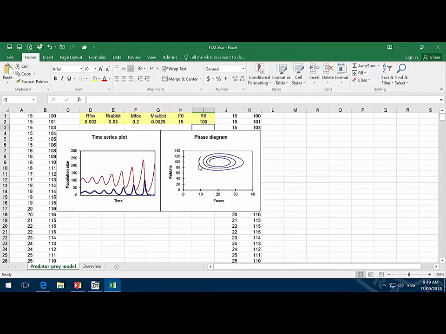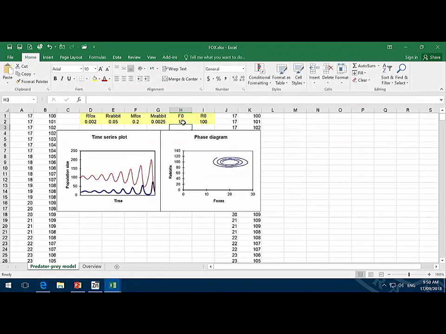But we never actually get to 0 foxes. If we have a look at this plot of the various time periods, the foxes versus the rabbits, actually we're spiralling outwards, right? We're getting more and more unstable. So we can change something. What happens if we increase the number of foxes originally? Let's make it 17 foxes originally.